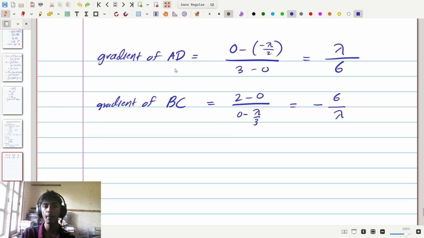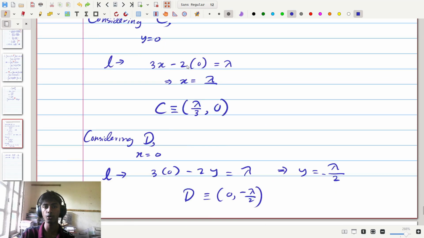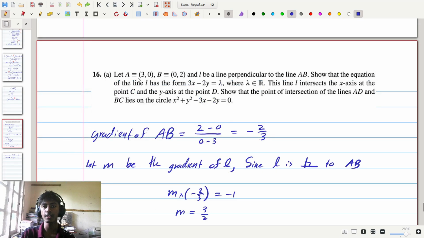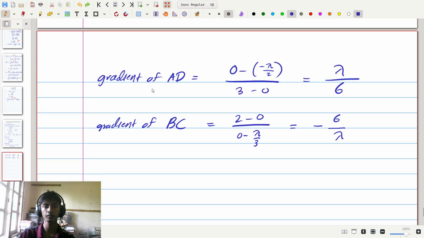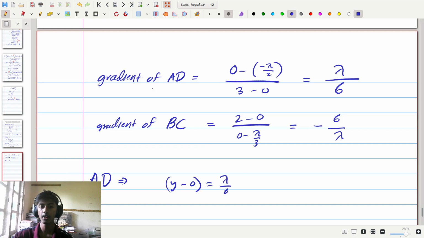Now AD passes through the point A, which has coordinates 3, 0, so we can apply the formula y minus y0 equals m times x minus x0. So from AD, we'll get y minus 0 equal to m, or lambda over 6, times x minus 3.